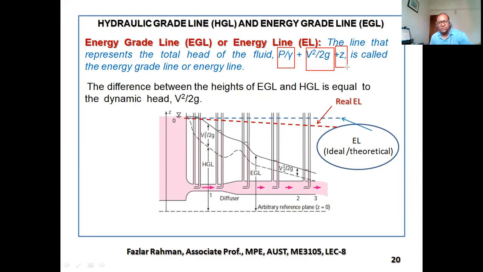Sometimes you go for a job interview, they ask what is Bernoulli's equation. Then you can write down P by gamma plus V square by 2G plus Z equal to constant. And they ask you what is P by gamma, what is V square by 2G. Now P by gamma, if you don't know, you might say, sir, this is pressure divided by the specific weight, right?